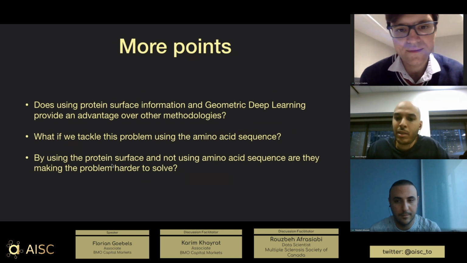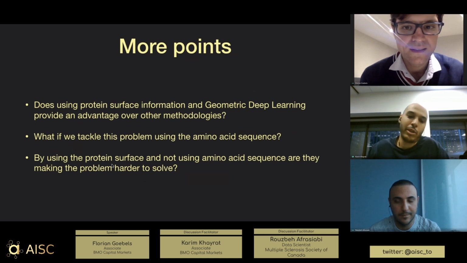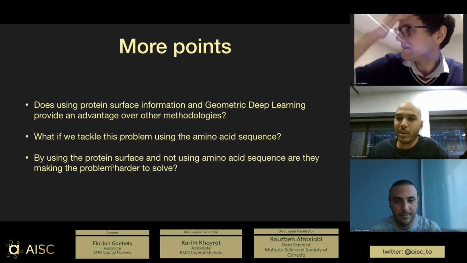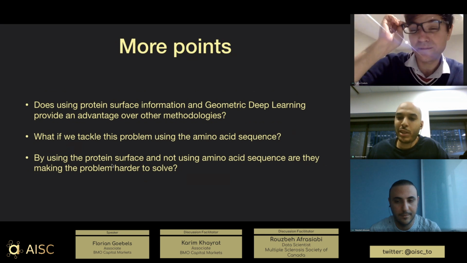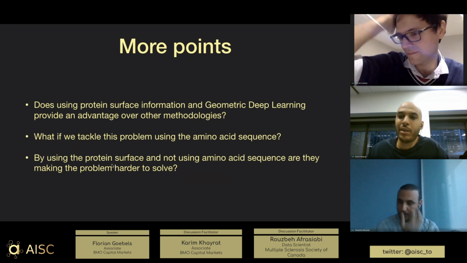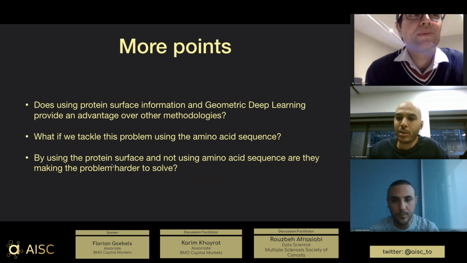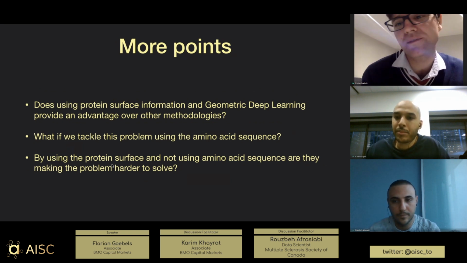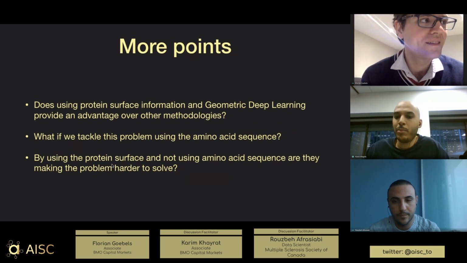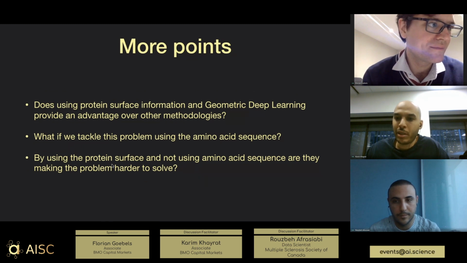Yes. Okay, so then this is related to the AlphaFold problem, where you are given an amino acid sequence and you first need to predict the protein surface. You can also just try to predict the properties straight from the sequence, right? But then you'll be using a lot of less useful information, right?